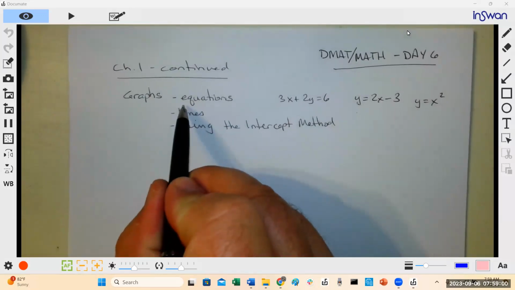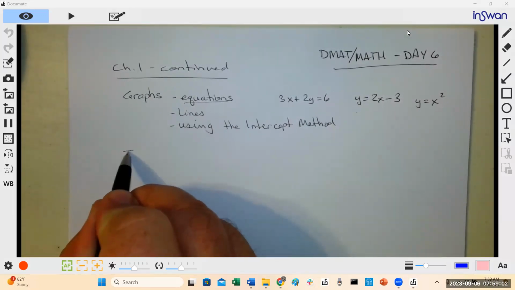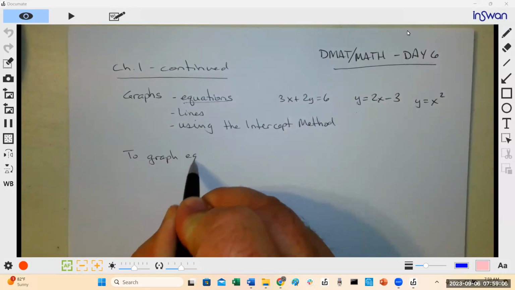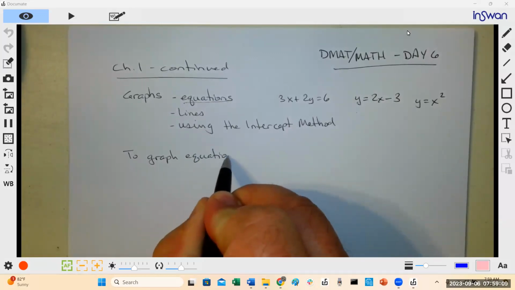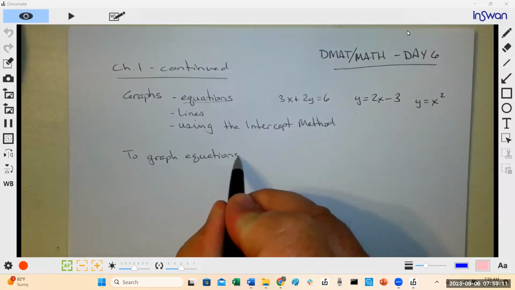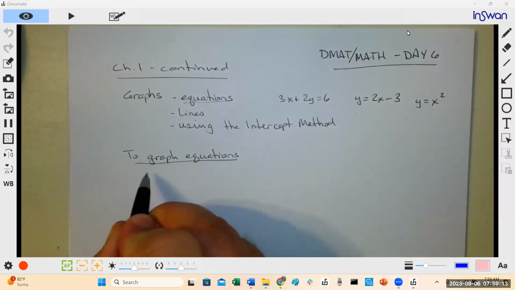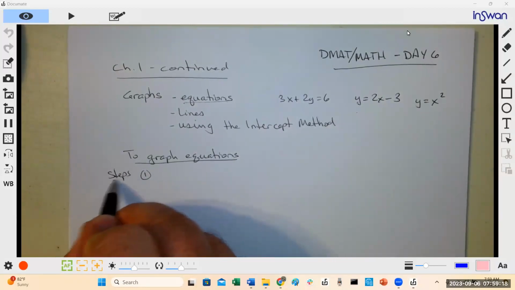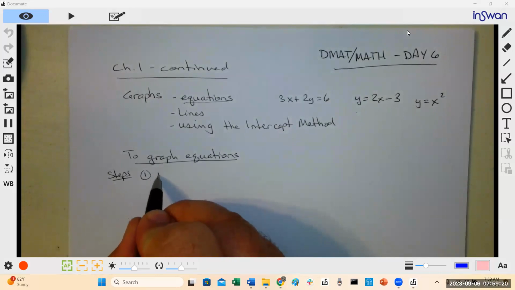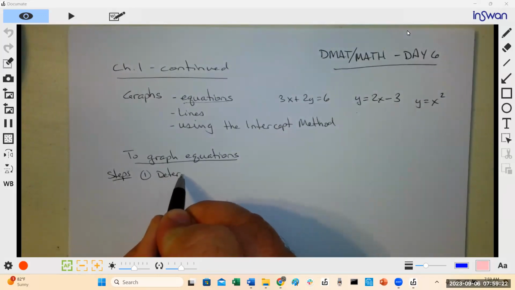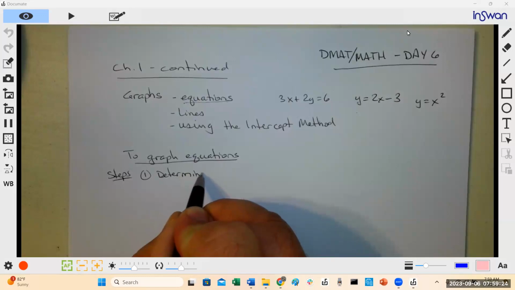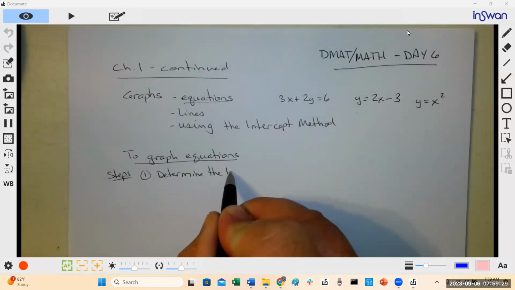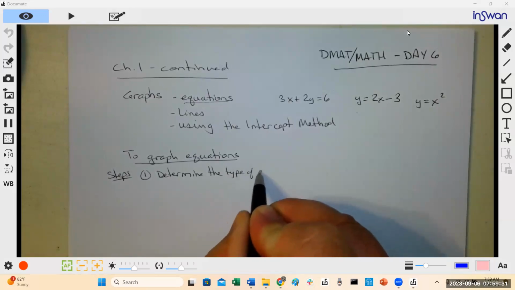If you're given equations, to graph equations, step 1: Determine the type of equation.